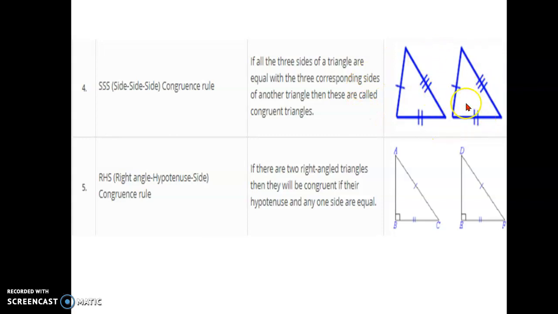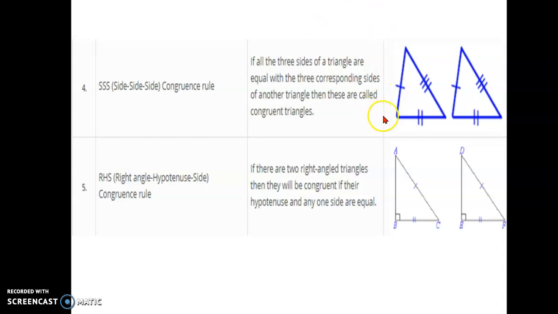Then we can say these two triangles are congruent. Why? In your next class, you will study how this comes, because it's by a theorem. If the sides are equal, automatically the angles between these sides are also equal. That's why this simple rule gives you an easier convenience to prove the problem.